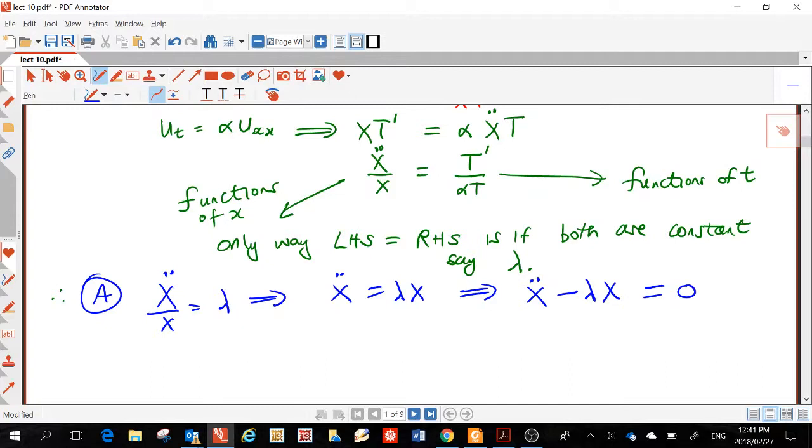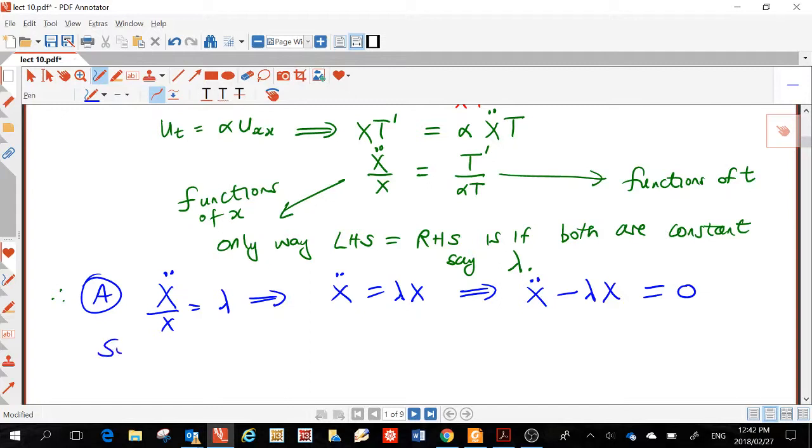X double dash minus lambda x equals 0. Wasn't I speaking about it at the beginning of the lecture? Second order differential equation. Now it's an ordinary differential equation. It's no more a partial differential equation because there's only x in the problem. Capital X is a function of small x. There's no t. It's an ODE.